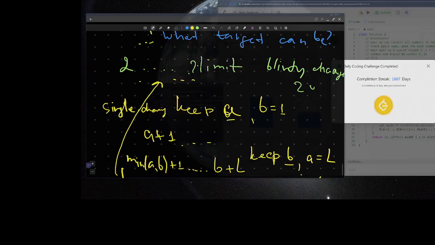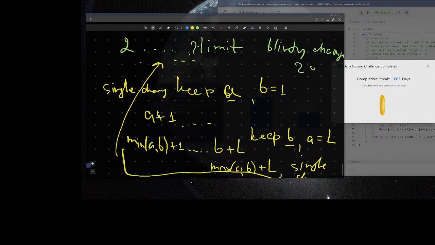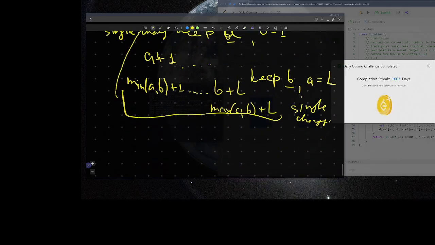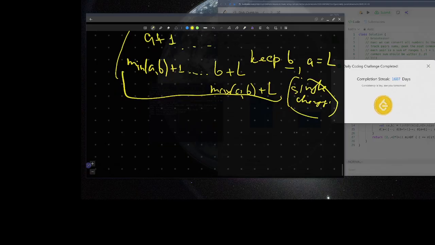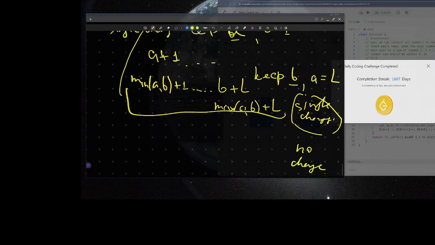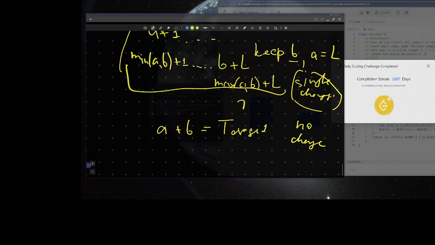Now, what other possible situation we have? So obviously we have a perfect match, no changes. That means our A plus B equals our target, imaginary target, because we don't know what it is.